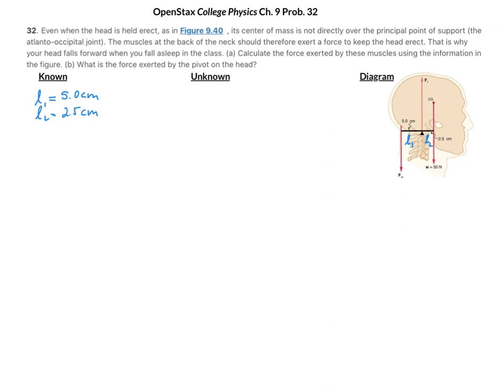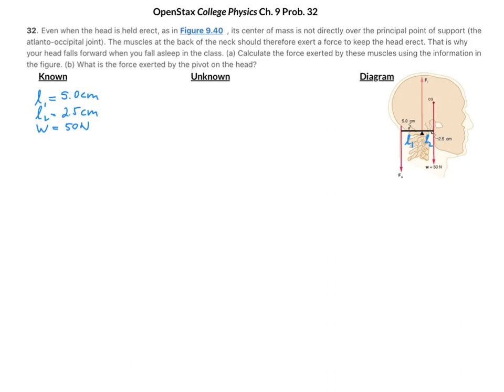Then I'm told that the weight of the head is 50 newtons. And there are two other forces acting there, the force at the pivot and the force over here, and we don't know what these two forces are. So we're going to try to calculate them.